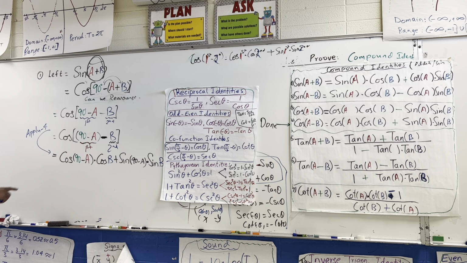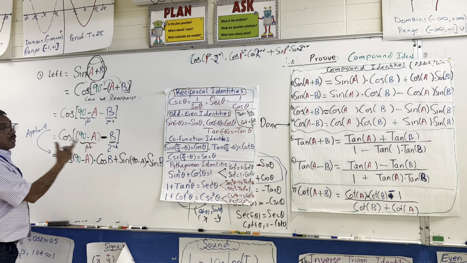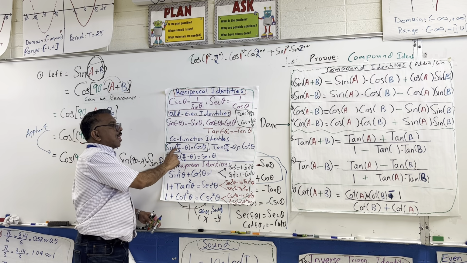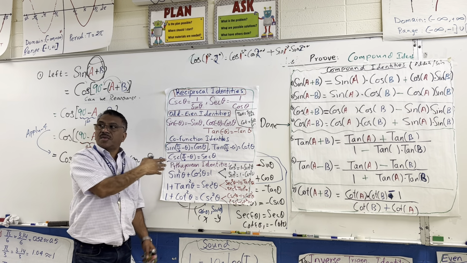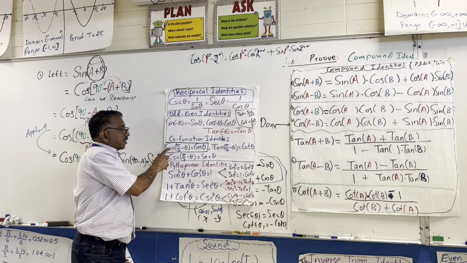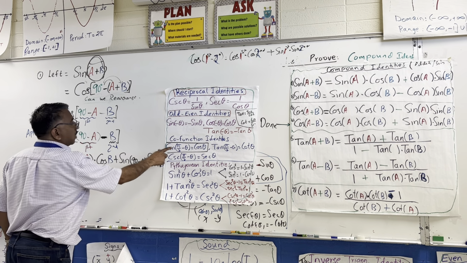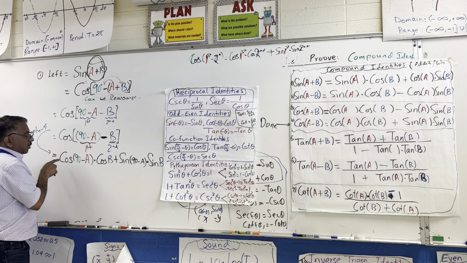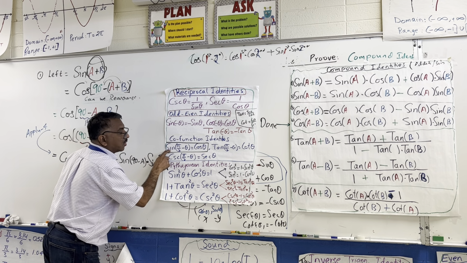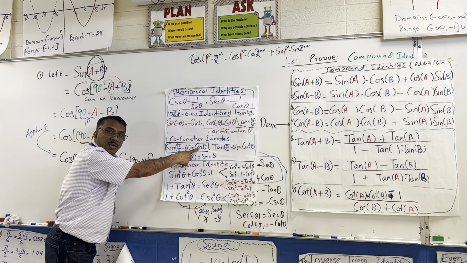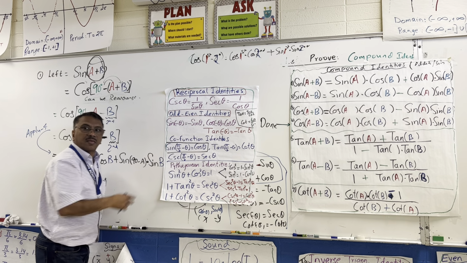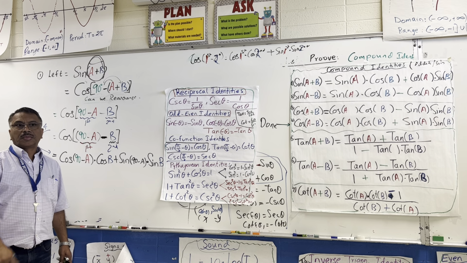But what is cosine of 90 minus A? You can use the same formula. See this formula, cosine theta is sine of 90 minus theta. You can use it also for sine. So even though we want to know cosine, if it is cosine of 90 minus theta, it changes to sine.